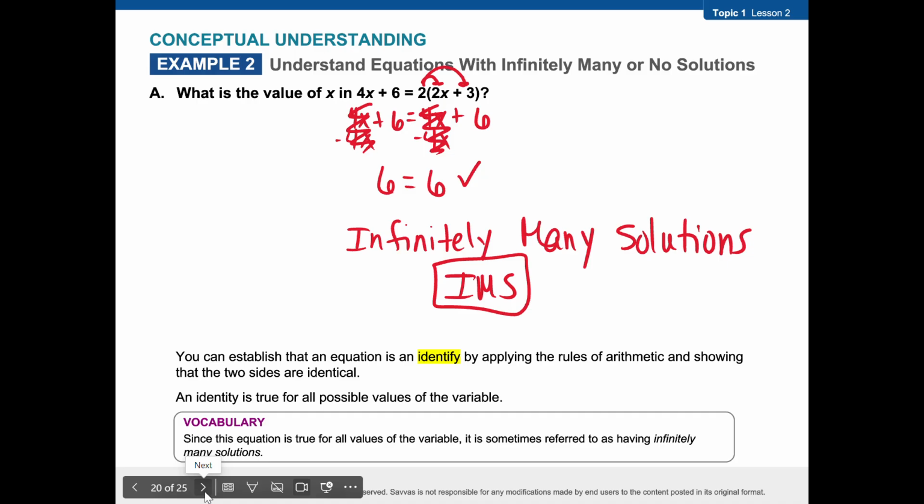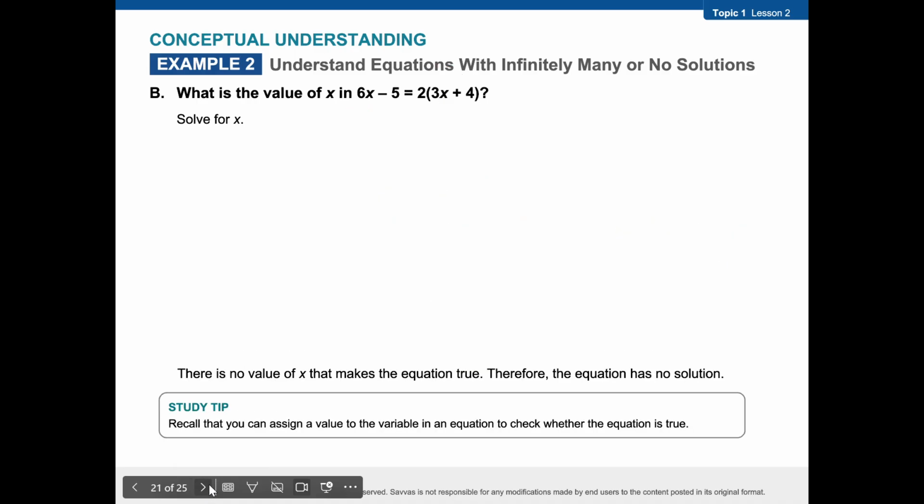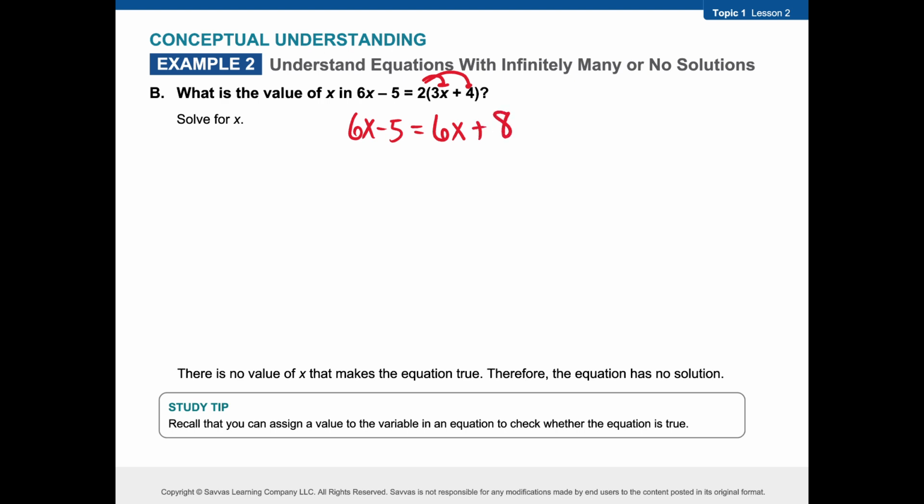And then you have times when it's not going to be the same. We have 6x minus 5. When I go to distribute here, 2 times 3x, 6x, 2 times a positive 4, positive 8. When I cancel out my variables that are both positive, they're both going to completely cancel out again.